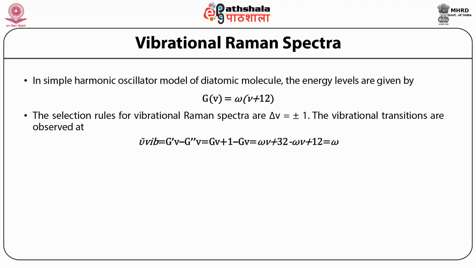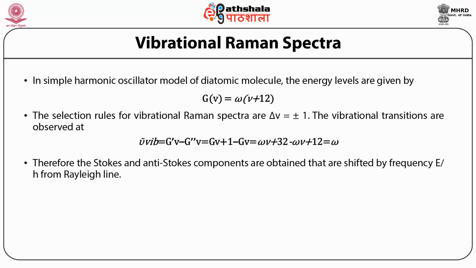The vibrational transitions are observed at ν(vib) = G'(ν) - G''(ν) = G(ν+1) - G(ν) = ω(ν + 3/2) - ω(ν + 1/2) = ω. Therefore, the Stokes and anti-Stokes components are obtained that are shifted by frequency ω from the Rayleigh line.